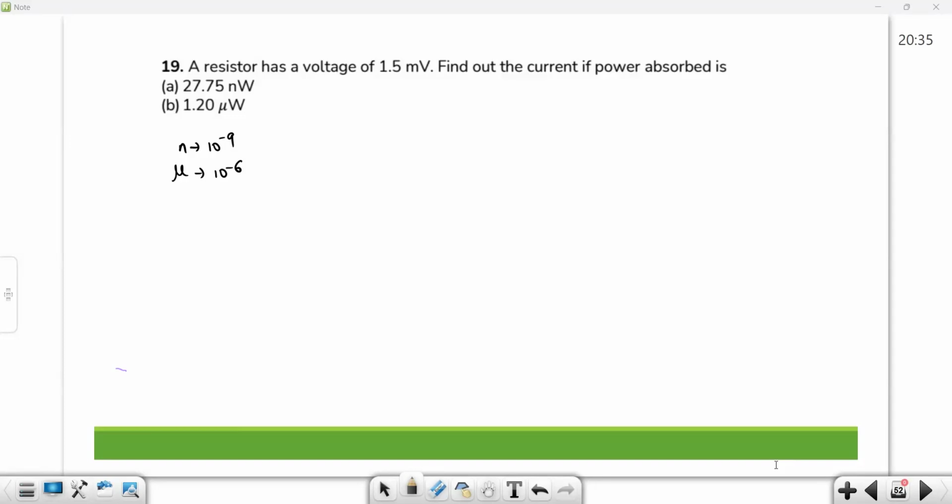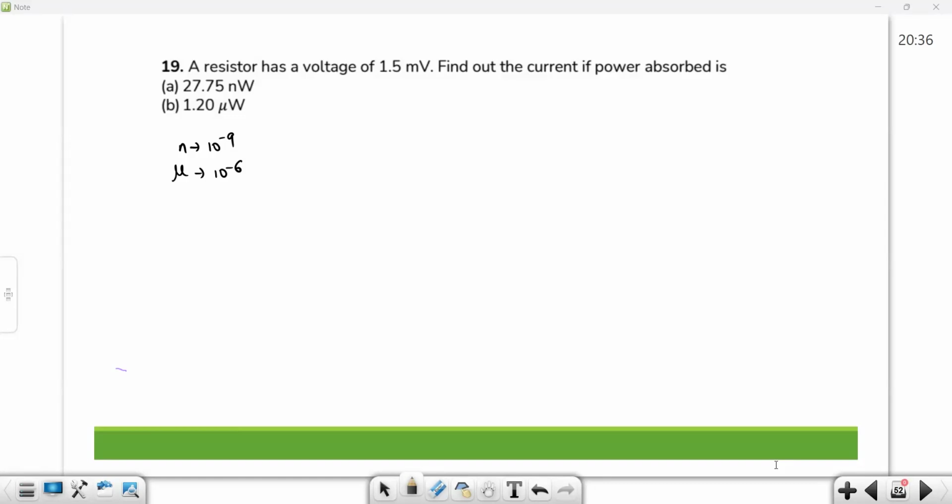18.5 nano ampere. 18.5. We'll see. We'll wait for others also. And for B, what is the answer, Lavanya?